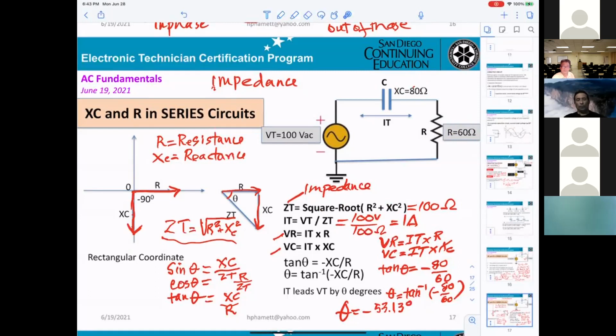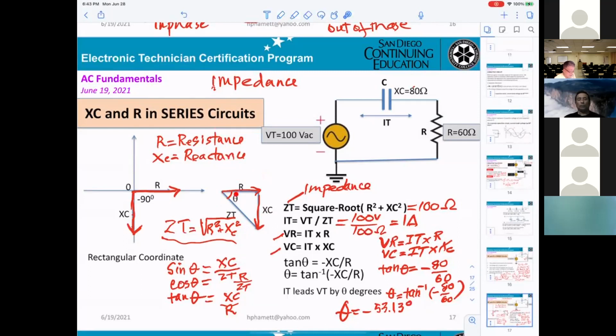For the people understanding, you must say the resistor and IC are not in phase. That's why you must use Z total equals square root of R squared plus XC squared. By the way, if you want to calculate the sine of the angle, it will be XC divided by Z total.